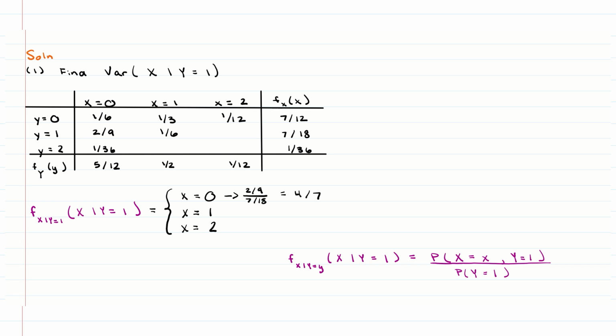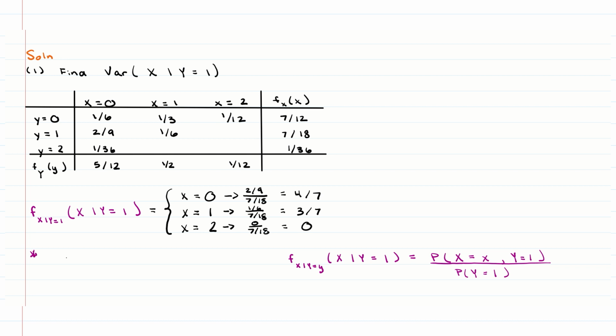The joint probability that x equals 1 and y equals 1 is 1 over 6 over the marginal probability that y equals 1. Then this simplifies down to 3 over 7. Then the joint probability of x equals 2 and y equals 1 is 0 over the marginal probability that y equals 1. And this simplifies down to, of course, 0.